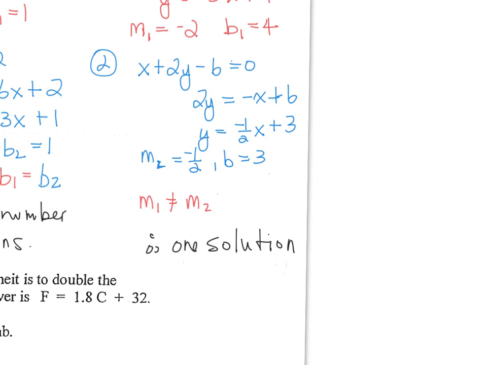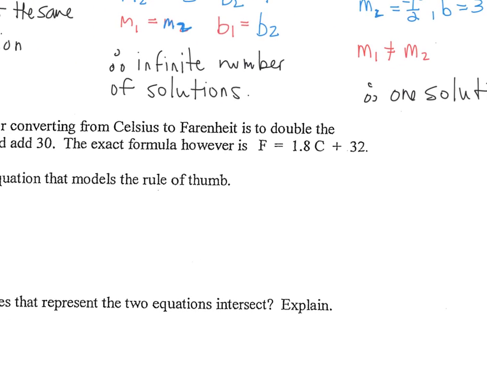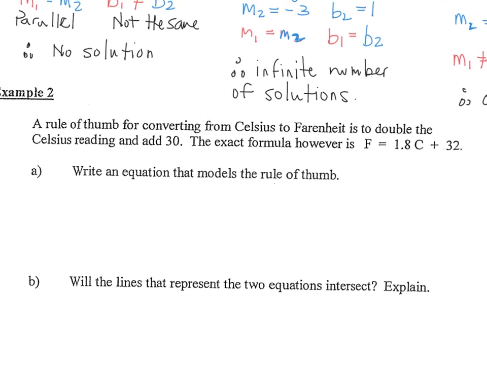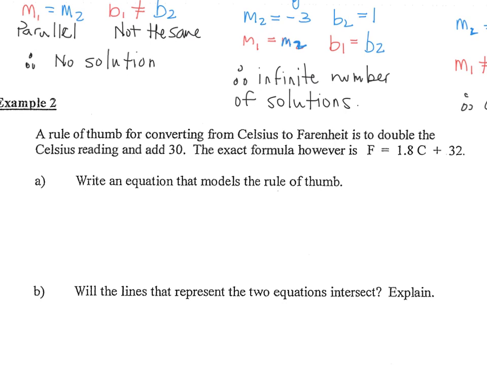Okay, so let's just do this quick word problem here, and we're going to take a look at this, and we're going to see how they work out. It's asking you, a rule of thumb for converting from Celsius to Fahrenheit is to double the Celsius reading and add 30.